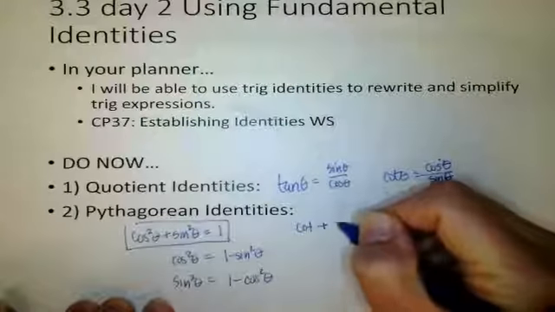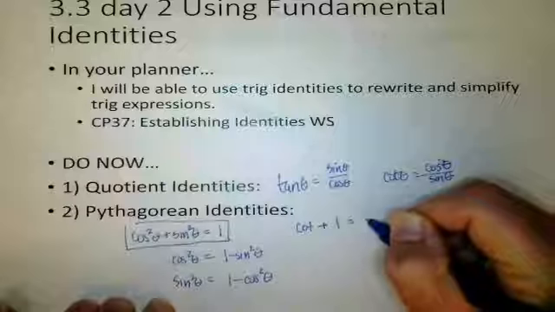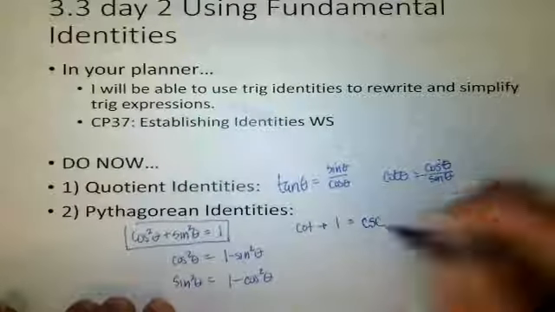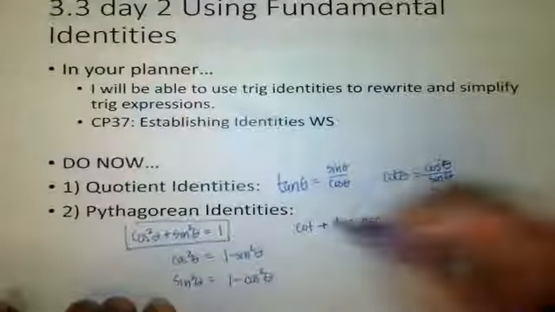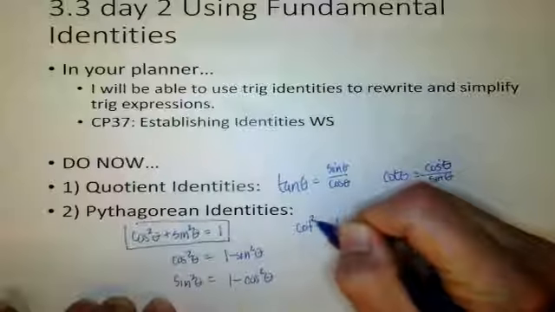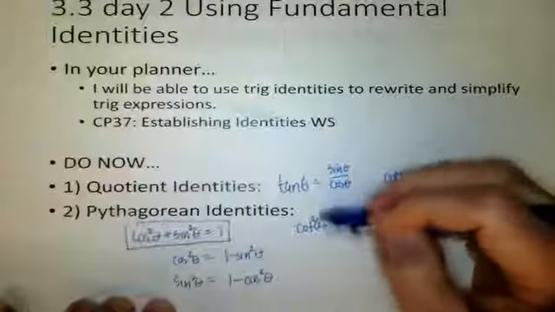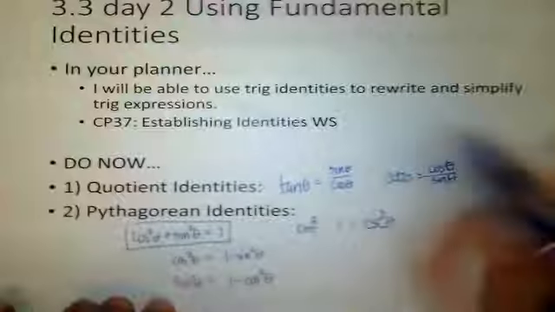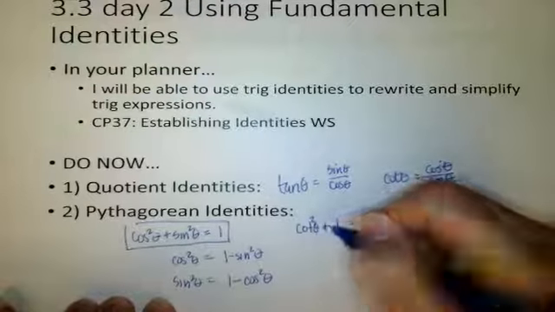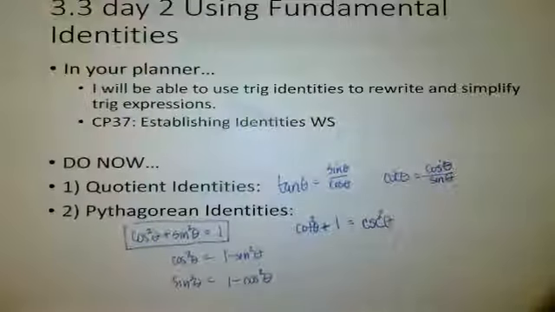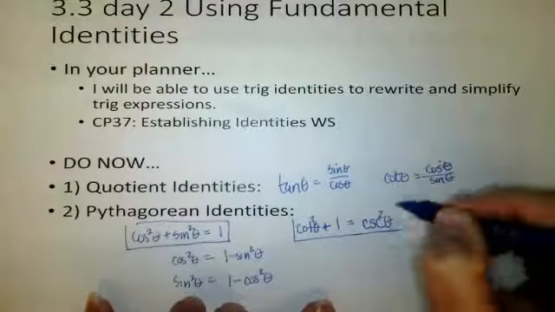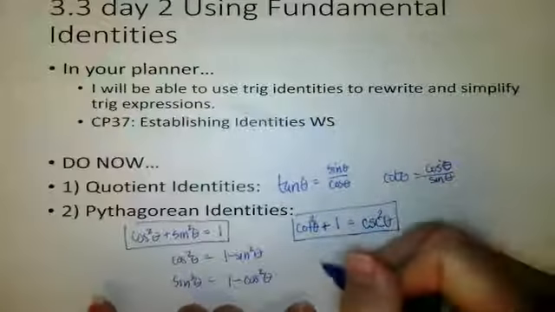Cot plus 1 equals cosecant. All right, cosecant squared theta, cotangent squared theta. Cot plus 1 equals cosec. Keep that in mind. That's a great saying. And again, you can rearrange these things.